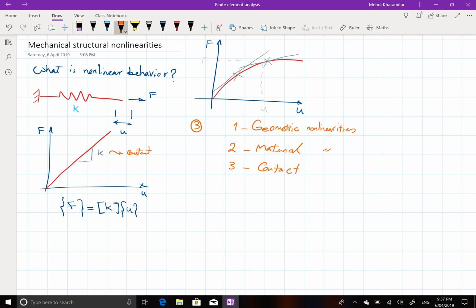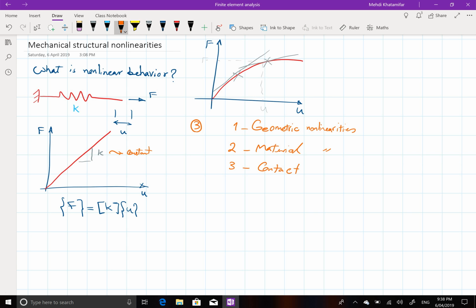So it is going to be because of contact, because of material, and because of the load or forces applied, like buckling. Remember, the buckling of columns happens when we have elastic material, but the behavior or the forces applied cause nonlinear behavior.